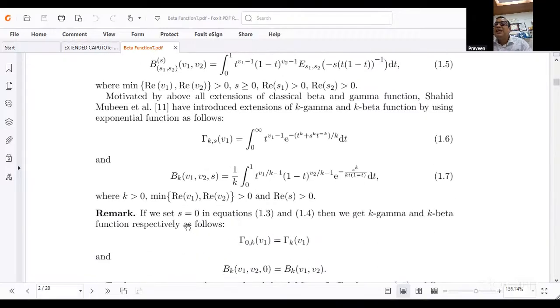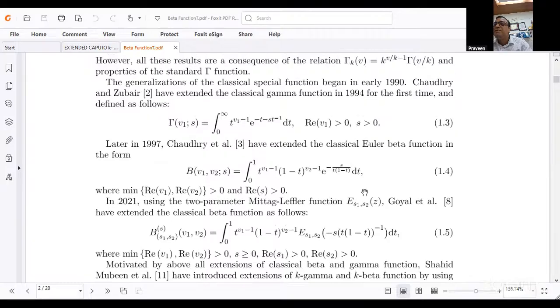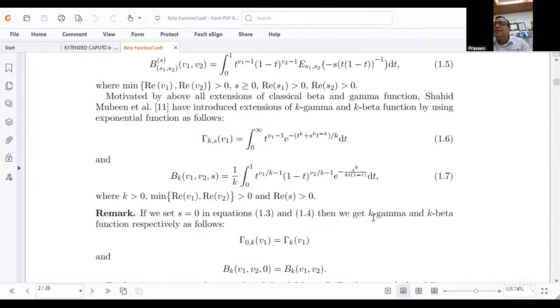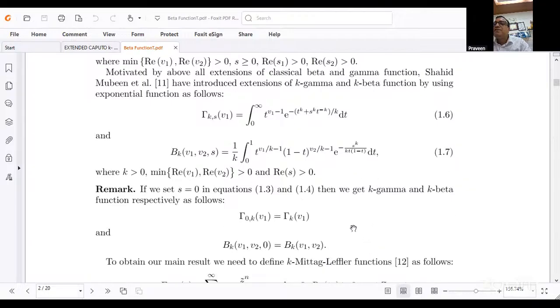After that, if we set s equal to 0 in equations 1.3 and 1.4, these two definitions by Chaudhry and Zubair, then we get the k gamma and k beta functions respectively as follows, with the given conditions, and these are the results we get when we put s equal to 0.